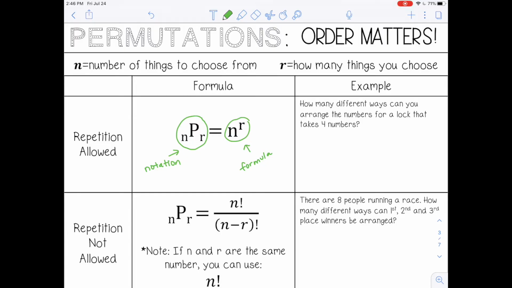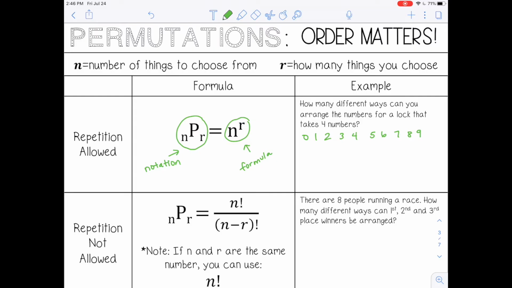Okay, so the example says, how many different ways can you arrange the numbers for a lock that takes 4 numbers? So if you think about it, a lock is going to take single-digit whole numbers. So let's list those out. A lock could take 0, 1, 2, 3, 4, 5, 6, 7, 8, 9.